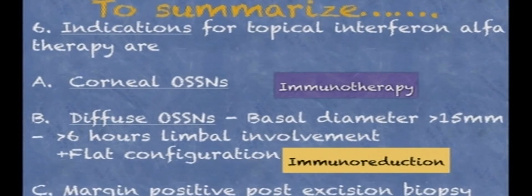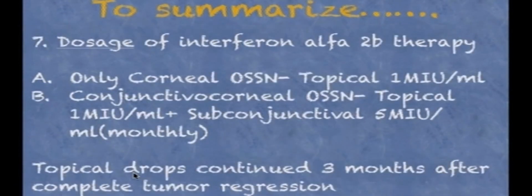Margin positivity: in any case, whenever you see a carcinoma in situ or a severe dysplasia in your histopathology report for the margins, you need to give a 3 months course of interferon alpha 2B for immunoprevention in these cases.